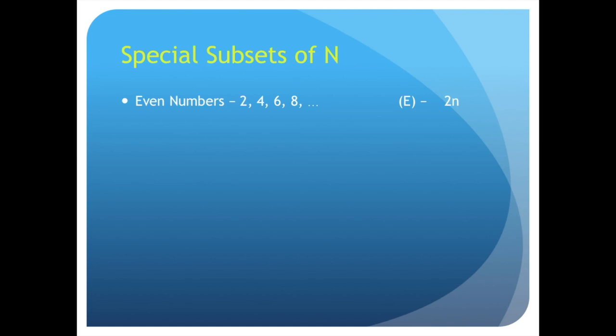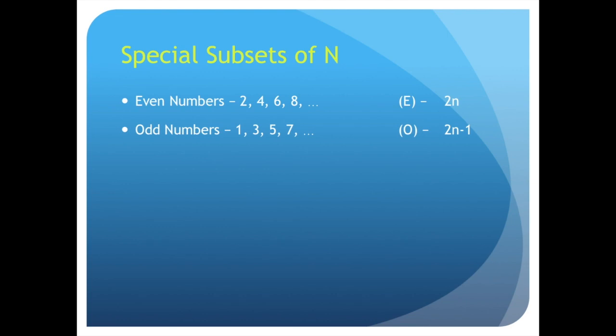The other special subset of natural numbers is odd numbers. The numbers which are not even are called odd numbers. The definition of odd numbers is the numbers which cannot be completely divided by 2.